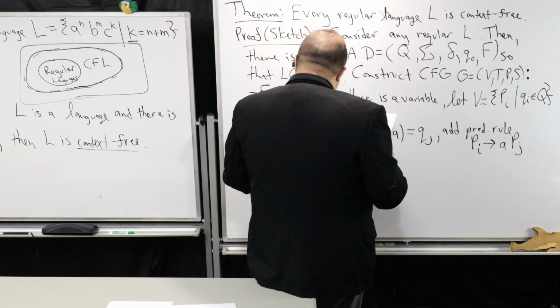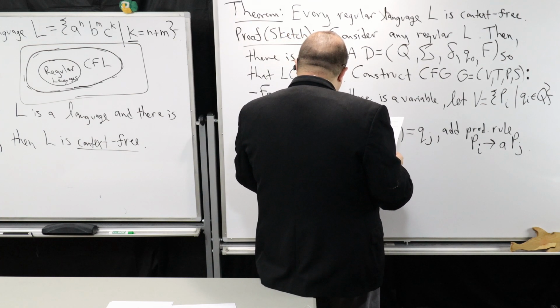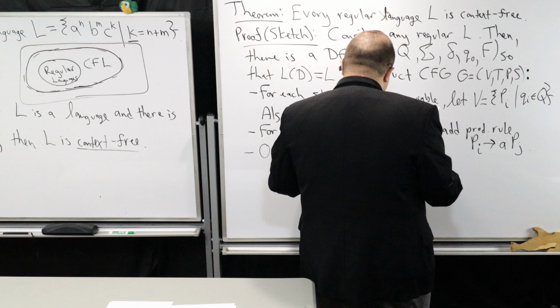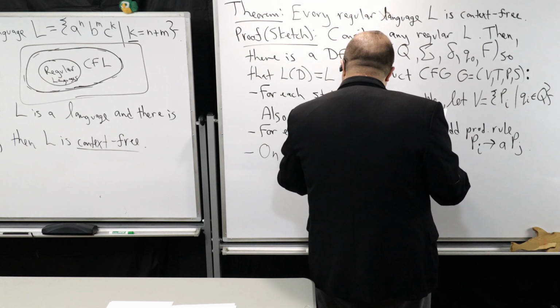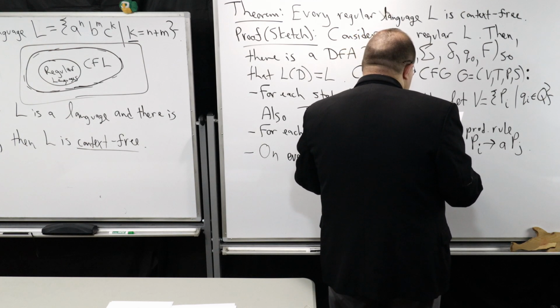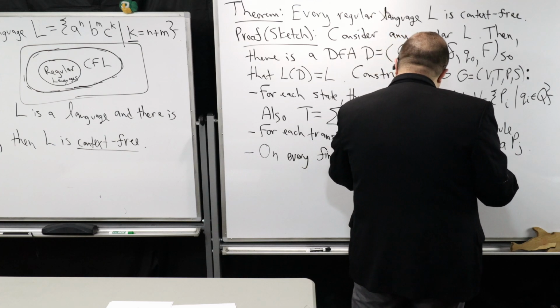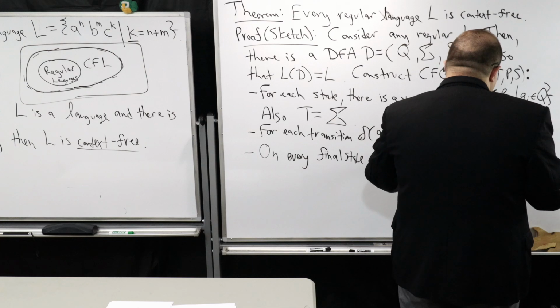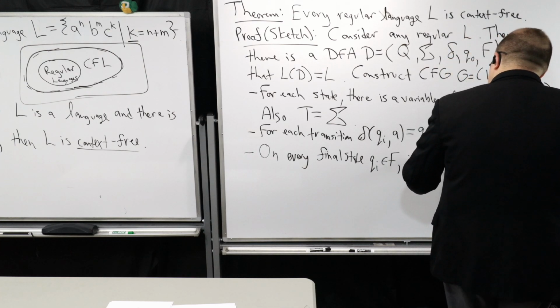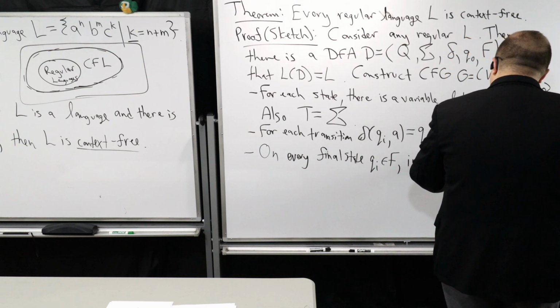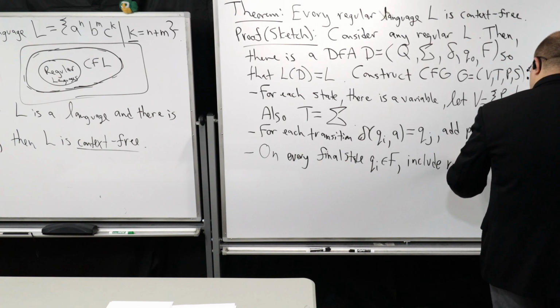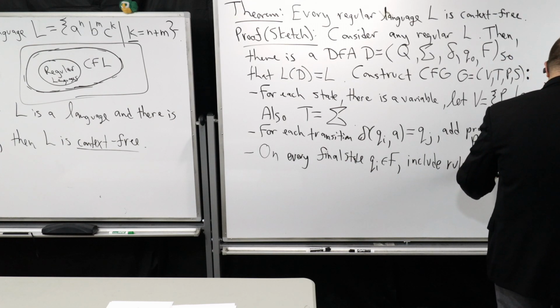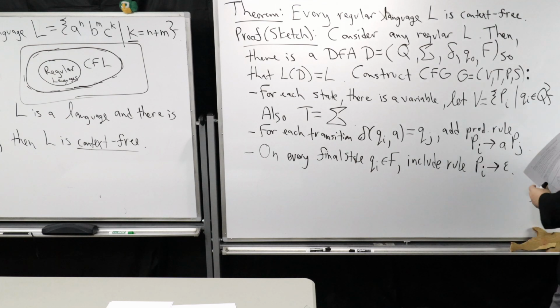Now, on every final state, I'll leave the start state for last. You're going to take each one of the final states, so qi in the set of final states or accepting states, and include the following production: include rule Pi to epsilon.